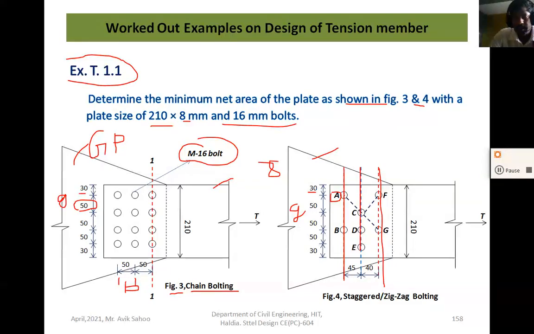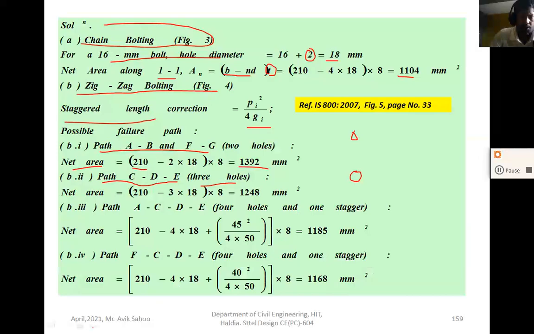Along this line it may fail. These 3 bolts are in the same line, so we take 210 width minus 3 bolts into 18 into 8, so we get 1248 square millimeter area.